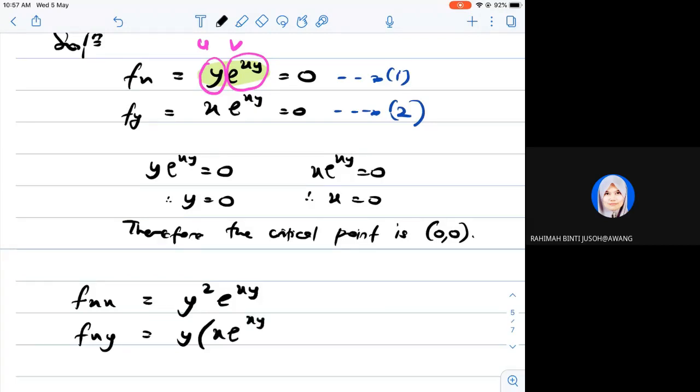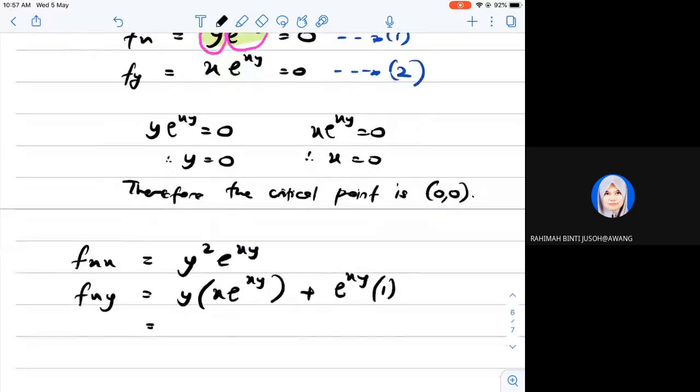Exponent xy plus v exponent xy darab dengan differentiate y terhadap y dapat 1. So our fxy is, saya factor outkan je lah exponent xy tu. Dia jadi x darab y tambah 1. Okay, so that is your fxy.